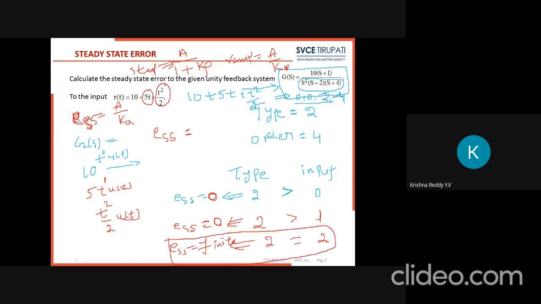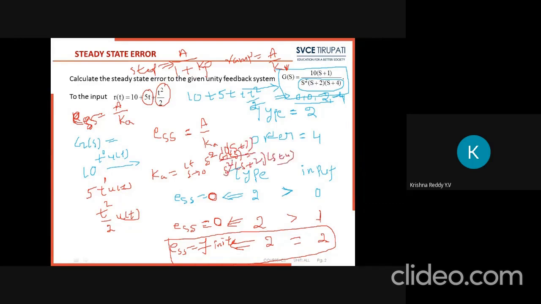We are getting a finite amount of steady state error, which is A divided by Ka, where Ka is nothing but limit s tends to 0 of s square into G of s, where G of s is 10 into s plus 1 divided by s square into s plus 2 into s plus 4.